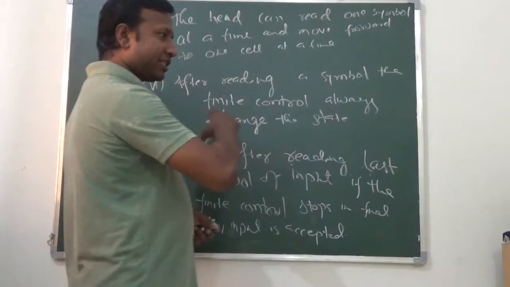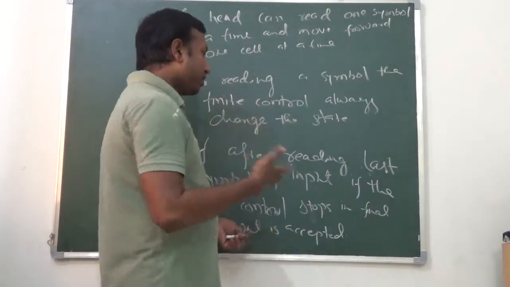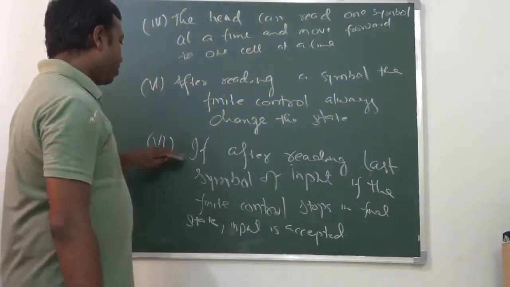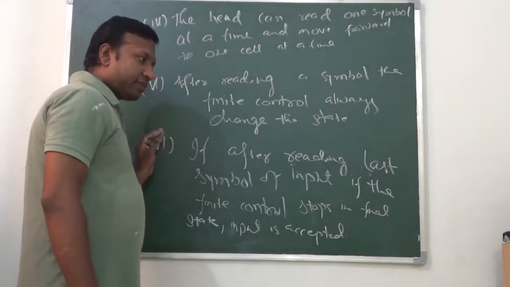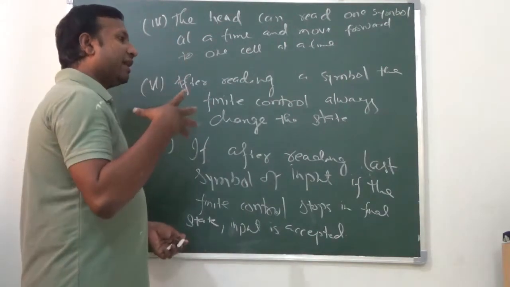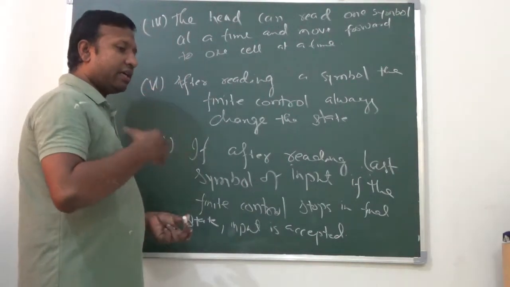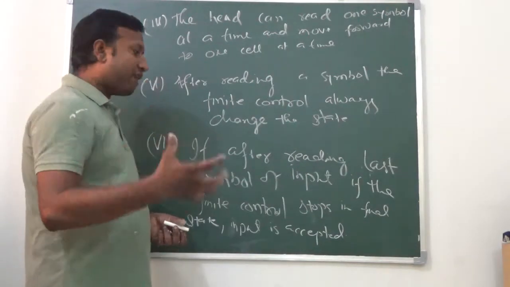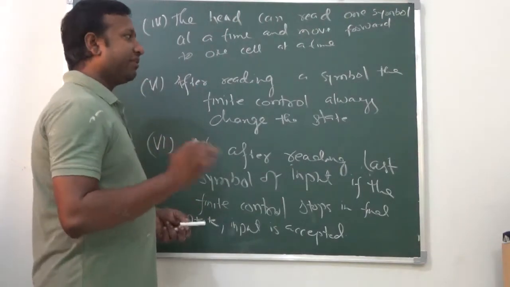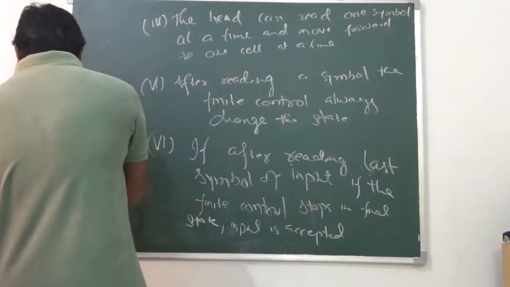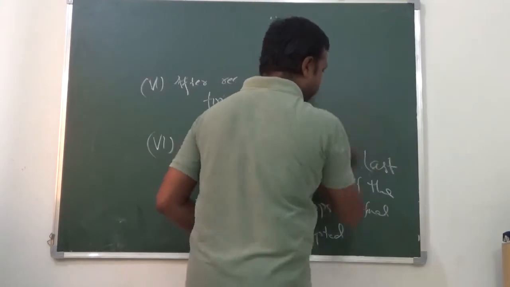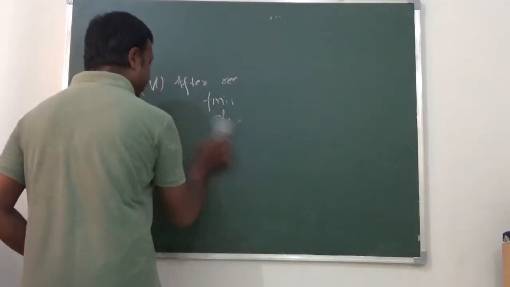So after reading the last symbol, obviously the cursor or the head is pointing to the dollar, right, or the pound sign. So if after reading that, the cell is on pound sign or the dollar sign, and the state of the finite control is the final state, then we say the input whatever is supplied is accepted, otherwise the input is rejected. So this is how the machine actually works.